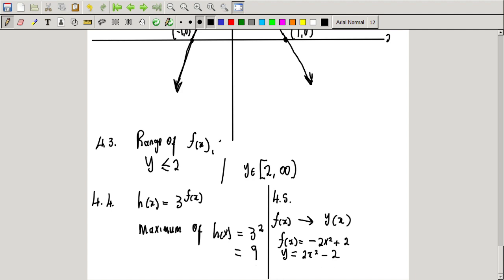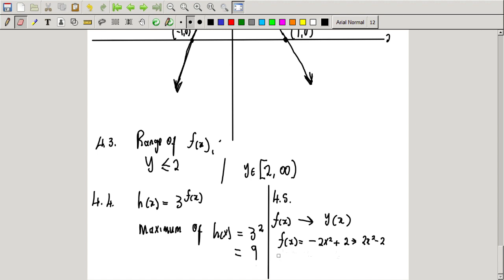So the transformation that f of x has to go through in order to give us that function.